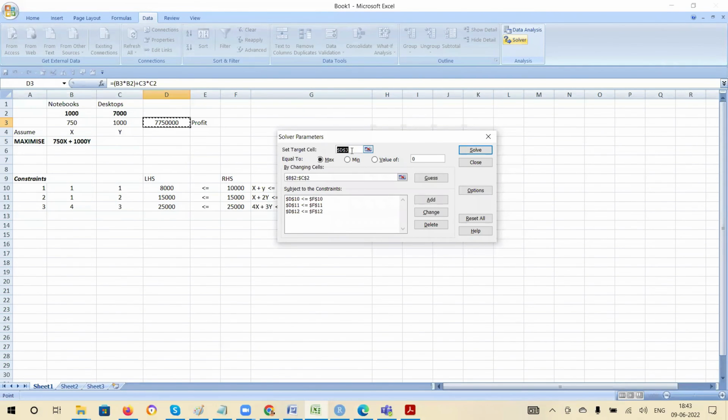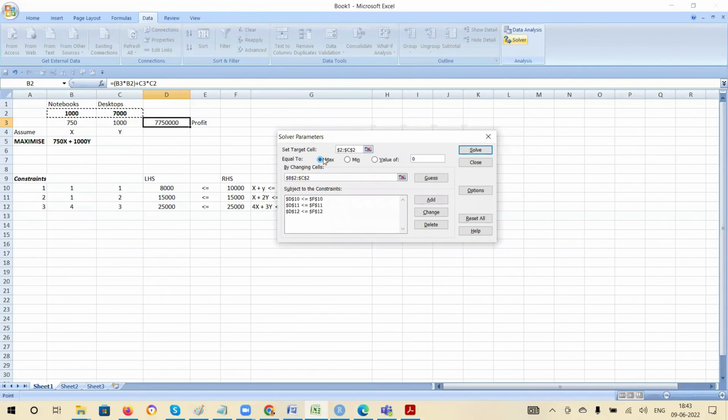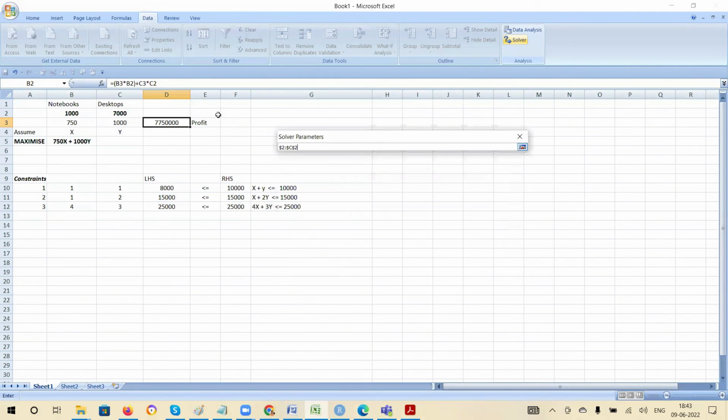So which cell do you want to change? We want to change these two cells, right? Maximize by changing. Okay, sorry, my mistake. Which cell is the answer? This cell, okay, not that. We want to maximize this one, D3. We want to maximize D3. So here you will have D3. D3 is what we want to maximize.